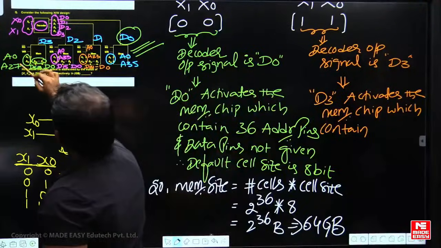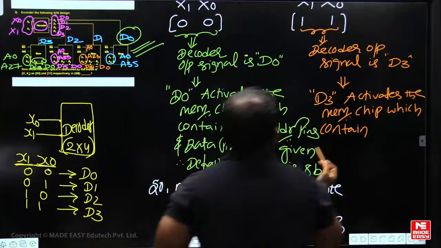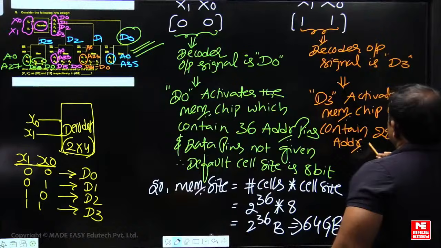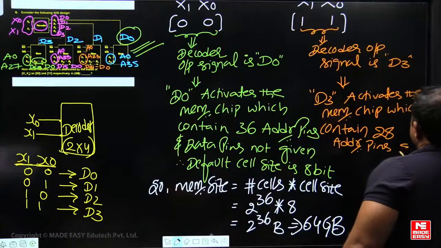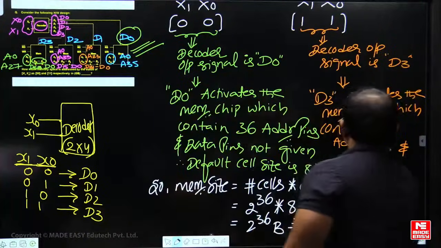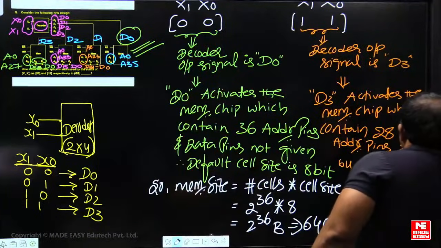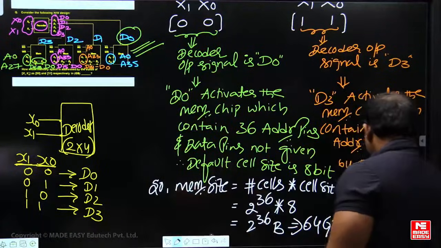Yeah, D3 has 28 address pins and 64 data pins. Cell size given 64. Therefore, what is the memory size?